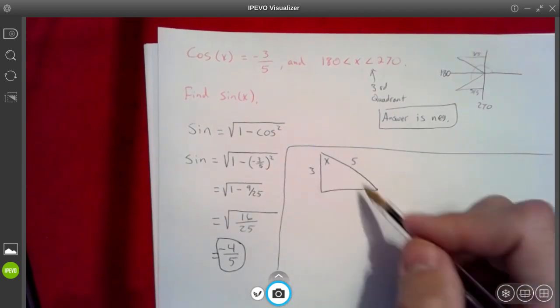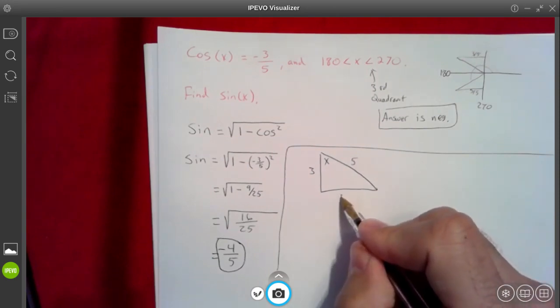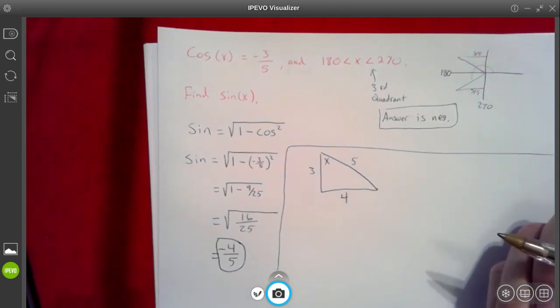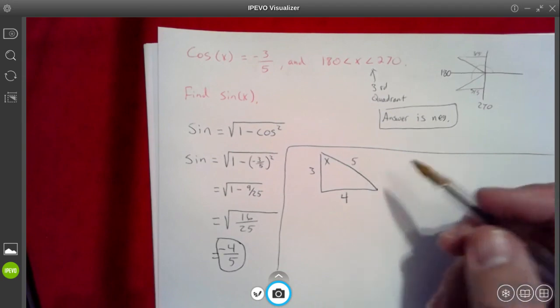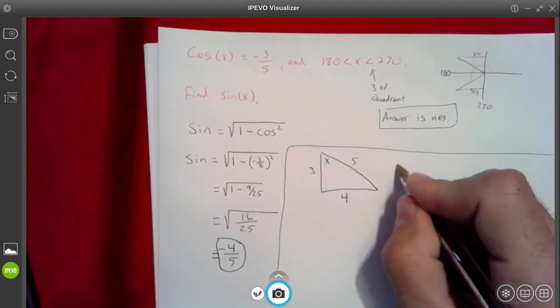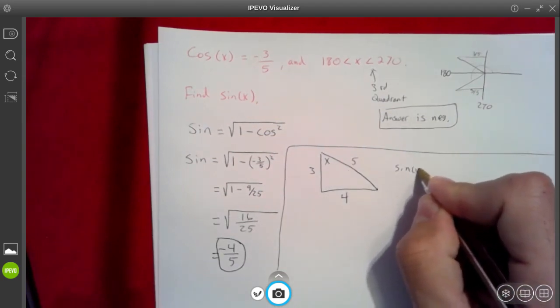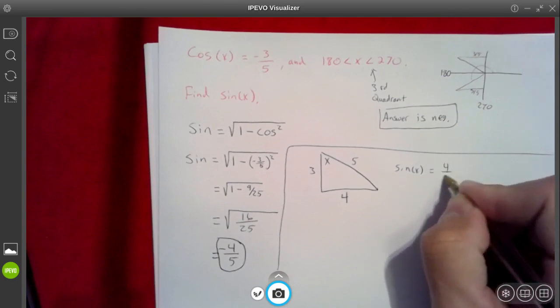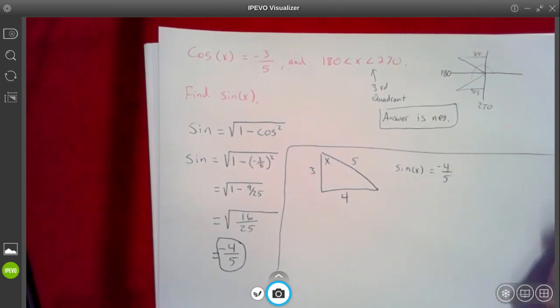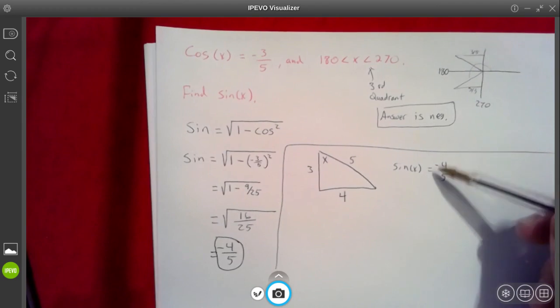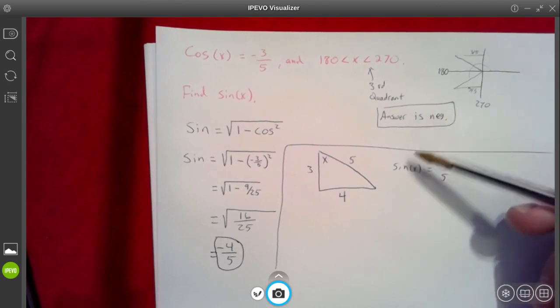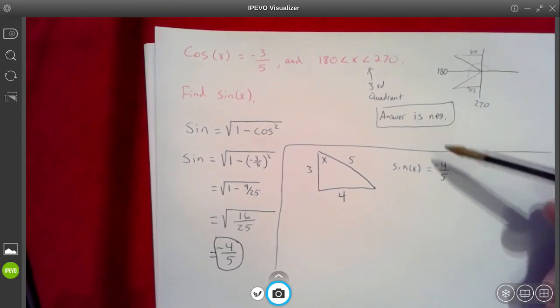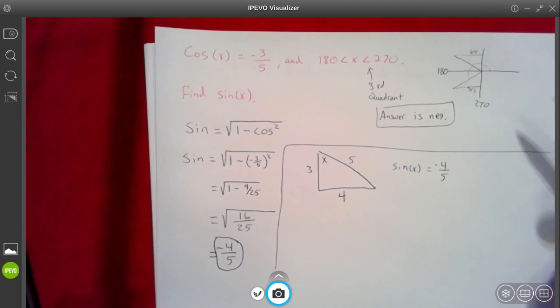If you do a little bit of Pythagorean theorem, you'll see that this is a 4, and then you can do the sine of x. Now we know that the sine of x is 4/5. Okay, but it has to be negative. You have to have the sign to your answer, plus or minus, kind of already ready to go.